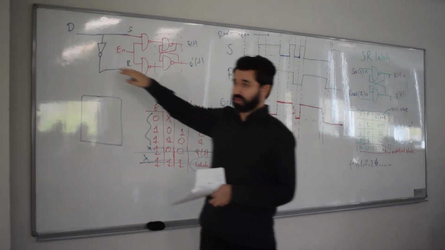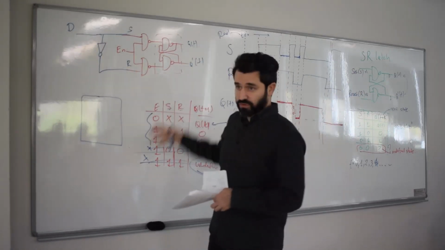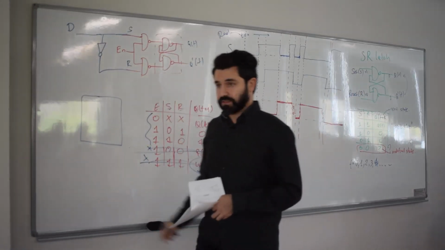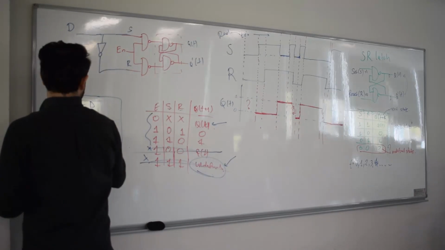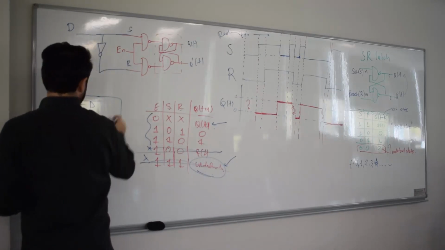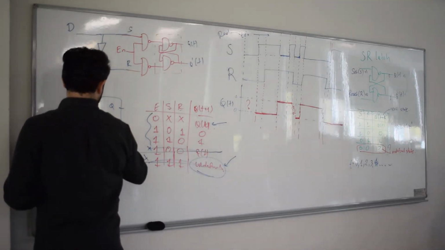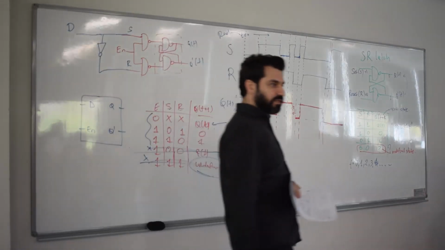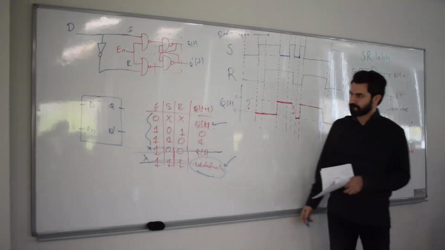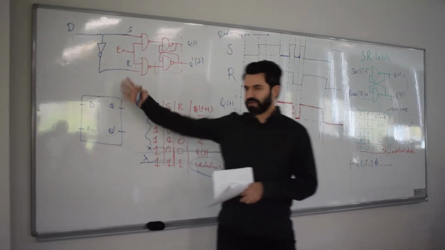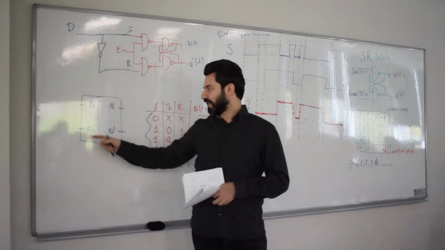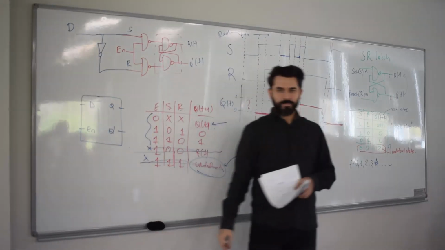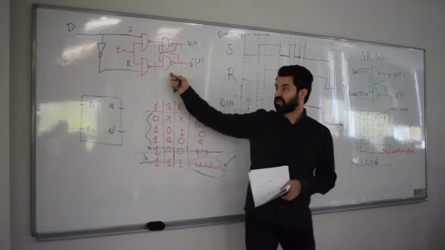I'm not going to be drawing the D latch all the time by giving you the internal details. What I'm going to do is just put a D here and enable, Q and Q prime. That's going to be my D latch. Okay? It's just like a big rectangle, two inputs, D and enable, and Q and Q prime outputs. Okay? What's inside? This is inside.